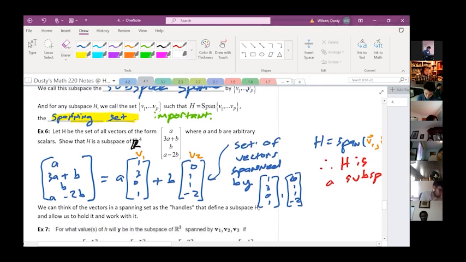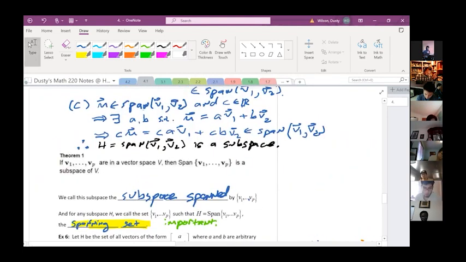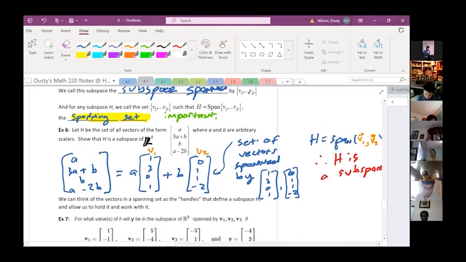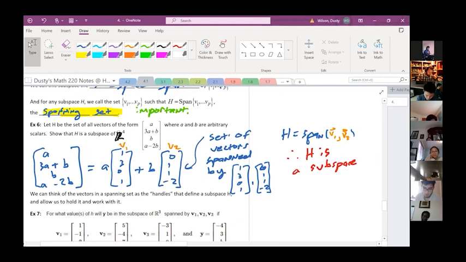You could think about these vectors that are in the spanning set as the handles that are defining the subspace.